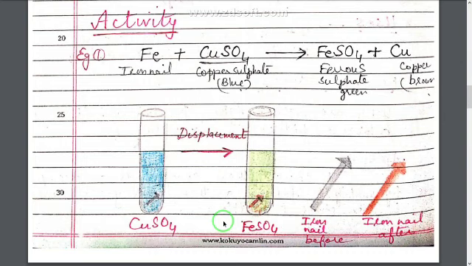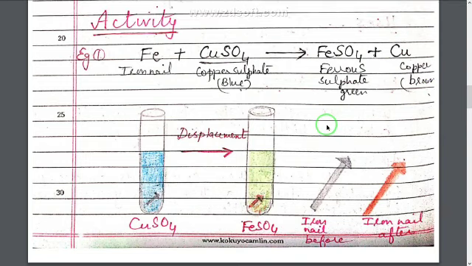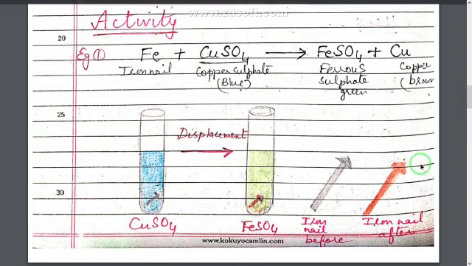So iron sulfate is formed and copper is pushed down as a brown precipitate. The blue solution turns green because of the formation of ferrous sulfate, and some particles of copper which have precipitated settle on the iron nail, so the iron nail looks brown.